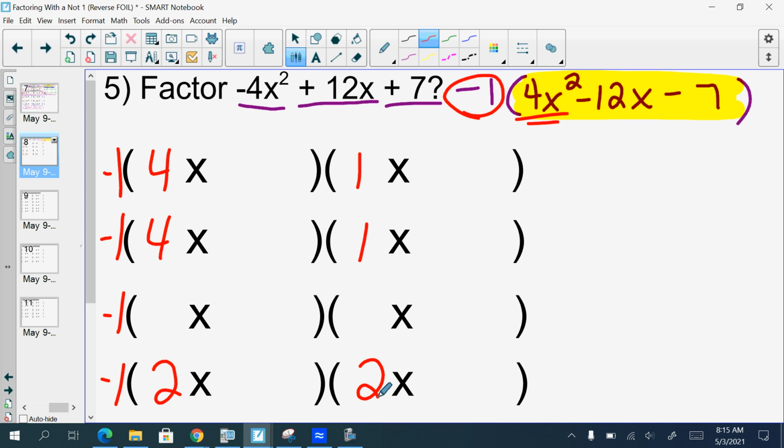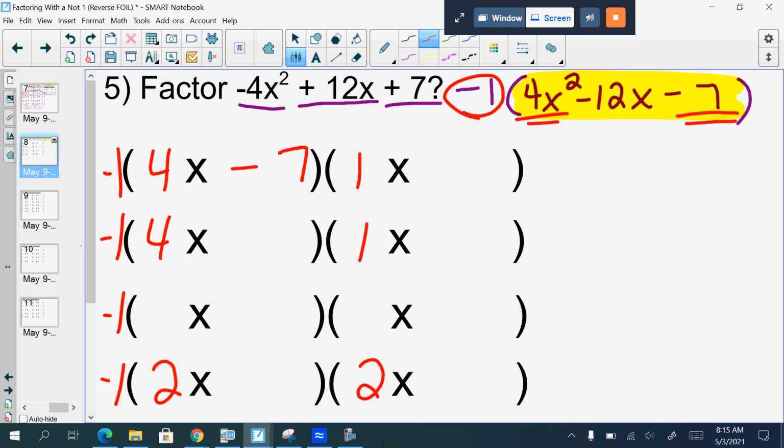Let's jump ahead and look at this guy. It's a -7 this time, okay? So think about the ways to get a product of -7. Maybe it's going to be -7 and +1. Maybe it's going to be still +1 and -7, but maybe the 1's here and the -7's here, okay?